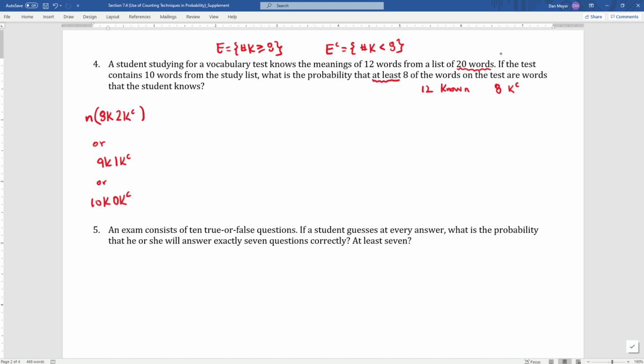It's just what words are on the test that matters, not what order. And so we have to have 8 known from the 12 known words. I have to choose 8. And then I also have to pick from the 8 unknown words. I have to pick 2.